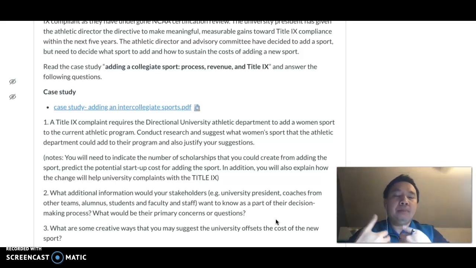Look at how many male scholarships they have been offering, how many female scholarships they have been offering based on the Title IX rules, the 3-prong test we will talk about in class. Look at which Title IX rule you can comply with, and also how many more female scholarships you need to create in the athletic programs, right?